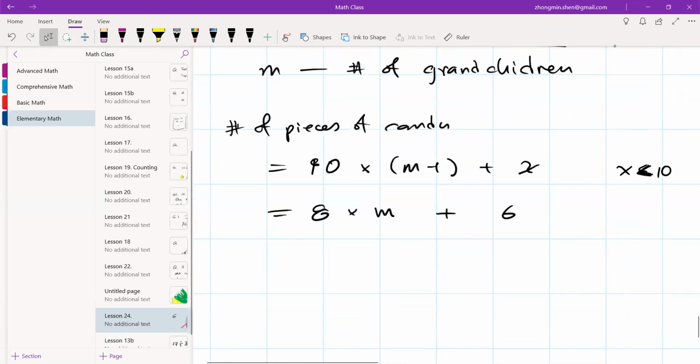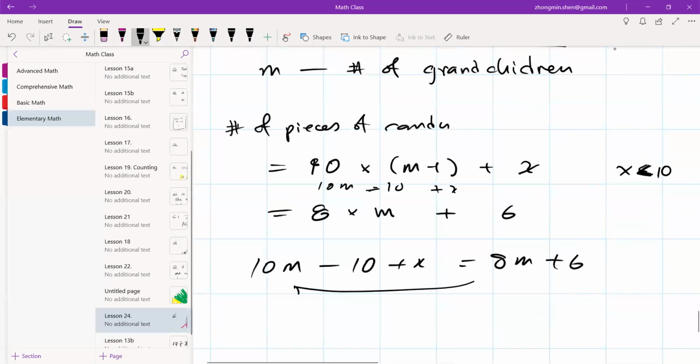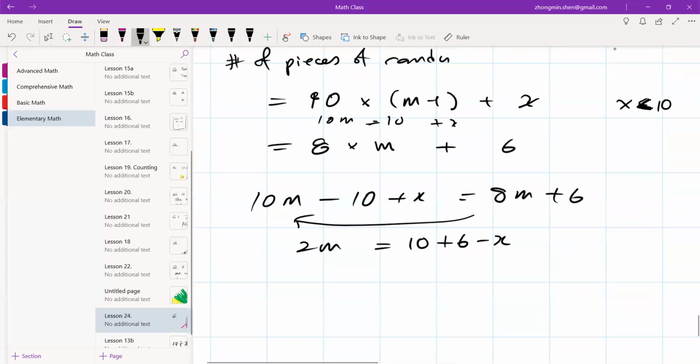So the difference, what do you get? 10m minus 10 plus x equals 8m plus 6. Then subtract 2m from here, and you get 10 plus 6 minus x. Then you try to find all the solutions possible.